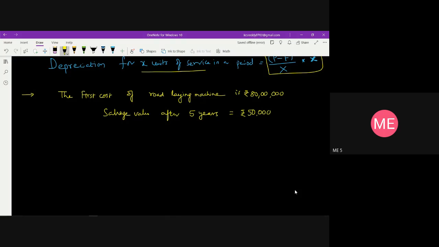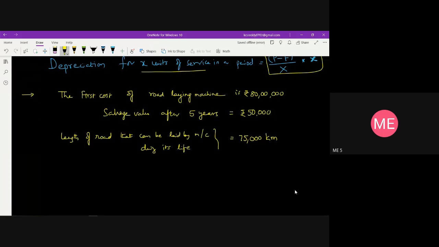Now the maximum capacity, or the length of road that can be laid by the machine during its lifetime, is a maximum service capacity of 75,000 kilometers.